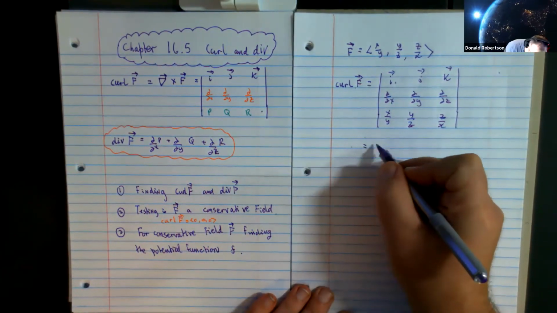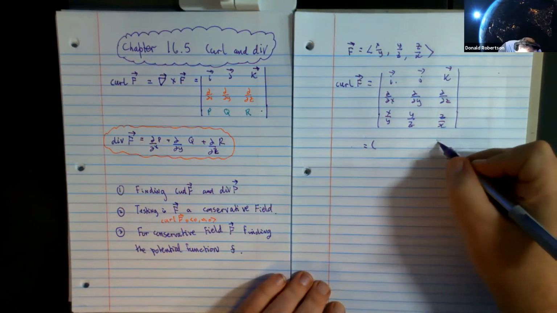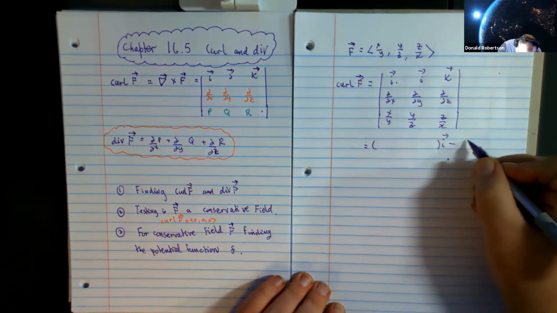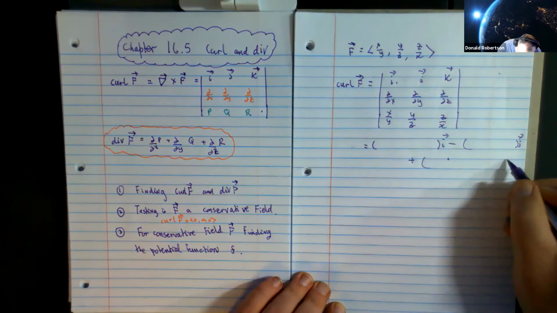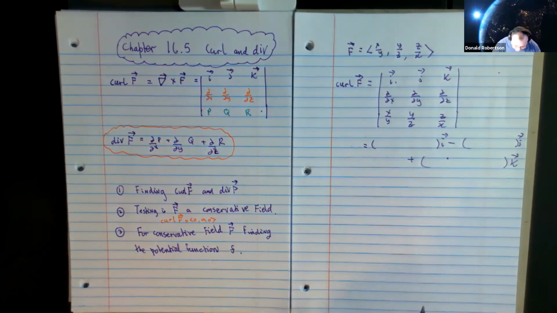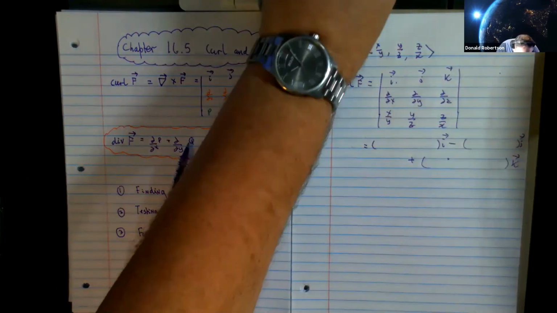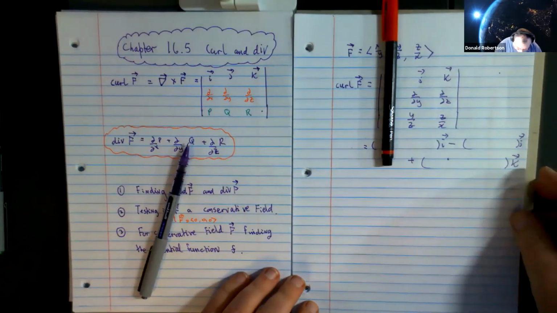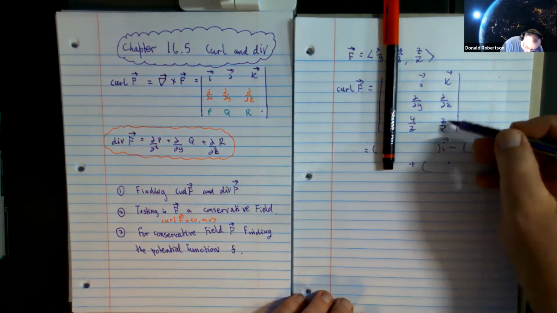We'll do the i, then I'll take away the j, and then I'll add the k. So we will cover up this guy. And the derivative of this is 0.